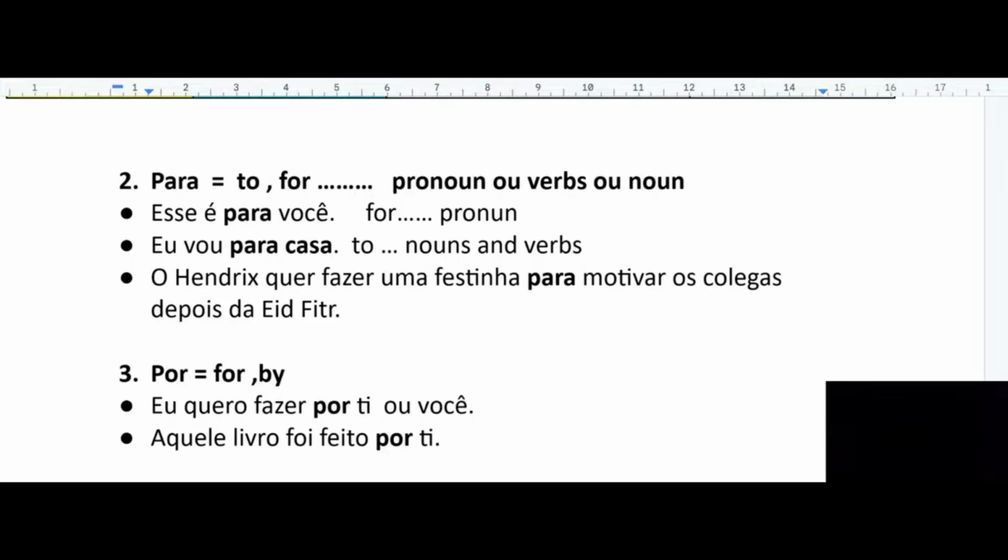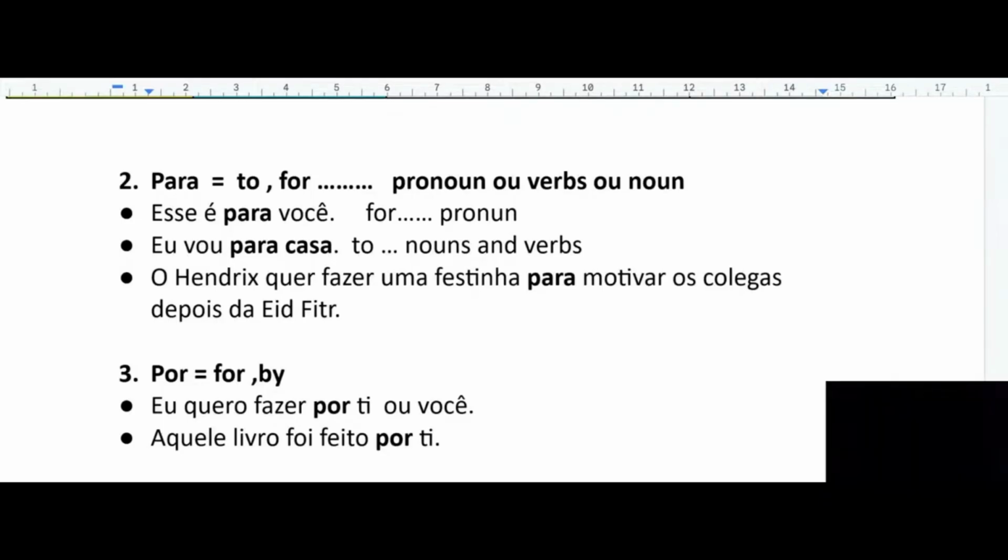If I say, Grace, that book was made by you, it means you are the one who made it. I'm asking if you're the one who made it. And if I say, that book was for you, it means I was giving that book to you. And it is also correct. So it all depends on the conversation.